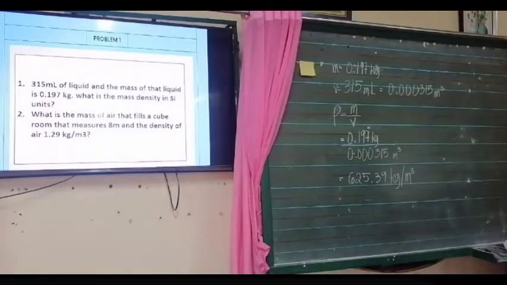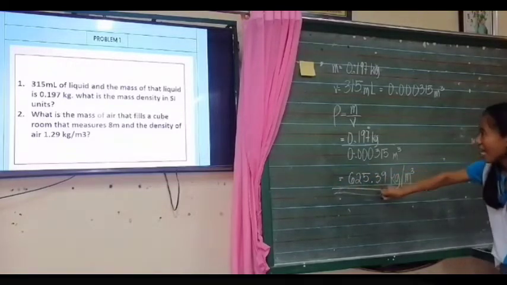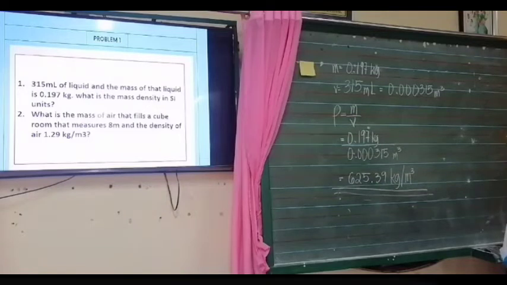So, ito na ang density in SI units, 625.39 kilogram per cubic meter.